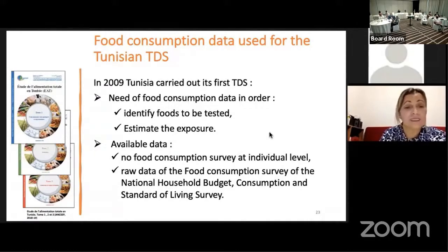And this survey estimates the real amount of food consumed, and the foods were weighed as purchased or in edible state. So the National Agency of Sanitary and Environmental Control of Products established a cooperation with the National Institute of Statistics in order to have raw data from this study.